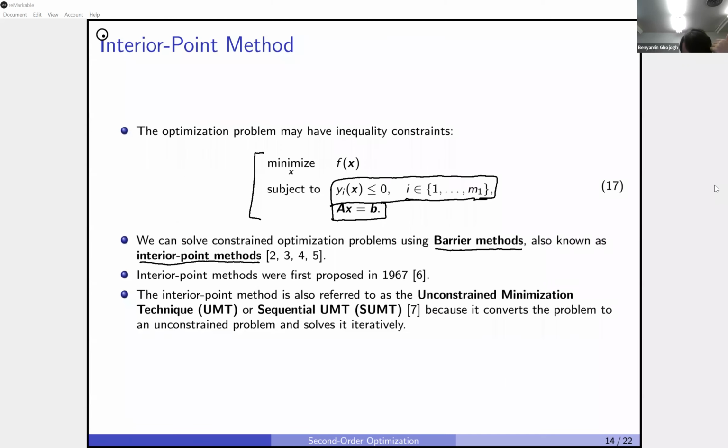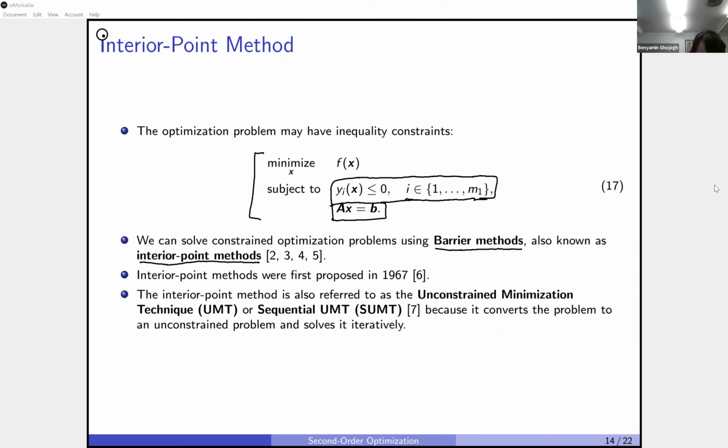No matter whether your optimization problem is a linear problem, you can even solve a linear programming problem by interior point methods, right? Because it is solving a general case scenario. But usually when it's a linear programming problem, you don't need to use an interior point method. You have a simpler solution, and that's the simplex method, right?